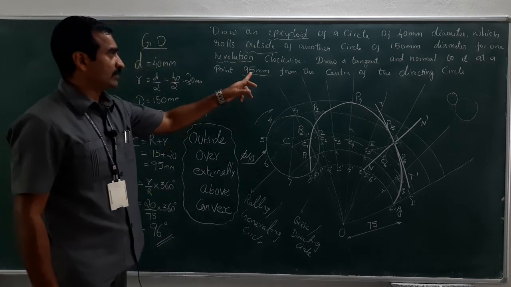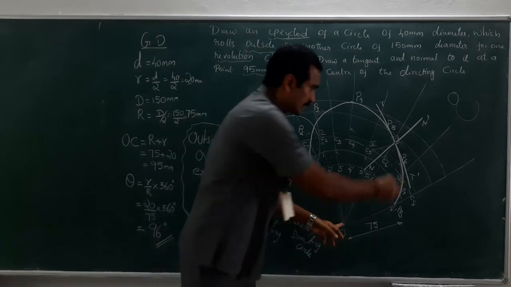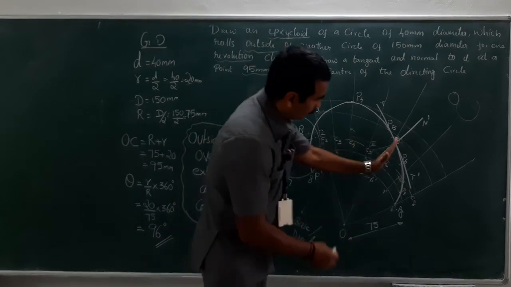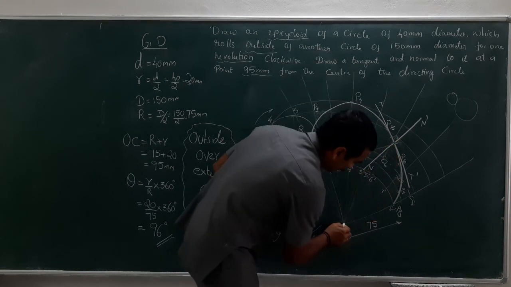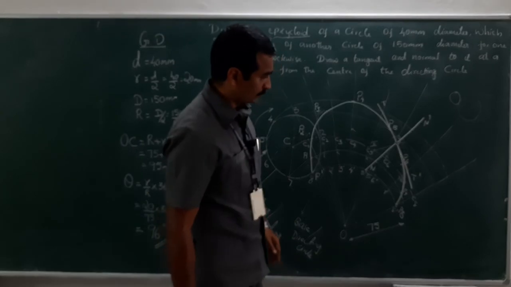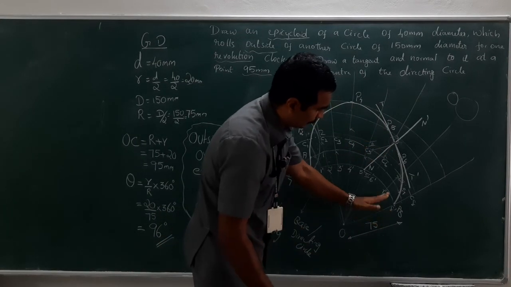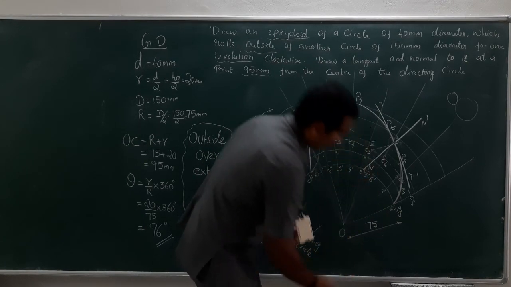Then one more dimensioning, which is 95 mm from the center of the directing circle. So this distance, how can this be mentioned? For this line, draw a perpendicular. For this, draw a perpendicular line. Sorry, because these lines are parallel, isn't it? Therefore the perpendicular line could be somewhere here.